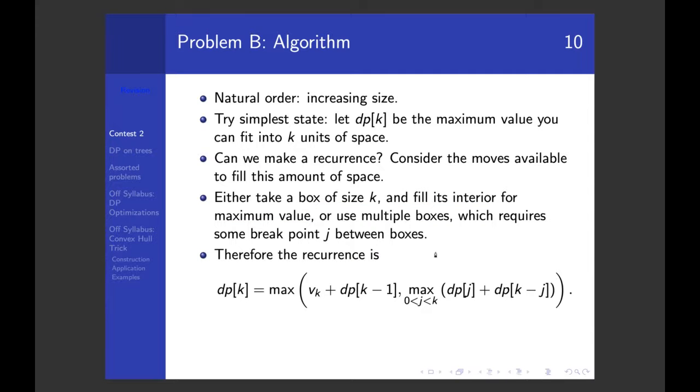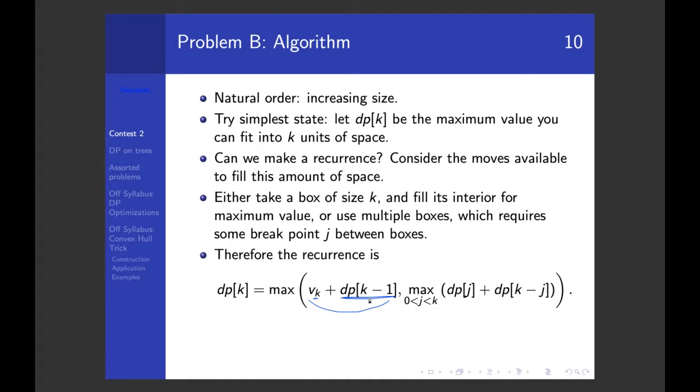So then our recurrence is: option 1, take a box of size k, that is value k, and fill it with the best possible amount we can fit in k take 1 space, which is the definition of dp k take 1.